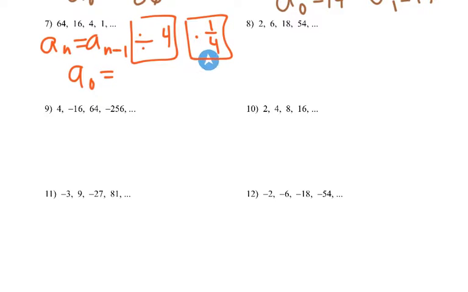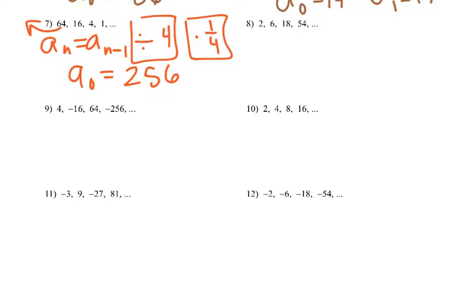When it comes to explicit, we want to multiply instead of divide in the explicit equation. But dividing by 4 is perfectly fine. So then if I'm going back to my zero term, I would just multiply by 4. So I'd start out at 256. Then we divide by 4 to get 64, then 16, then 4, then 1.